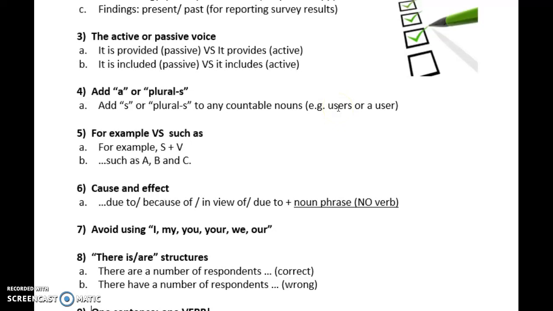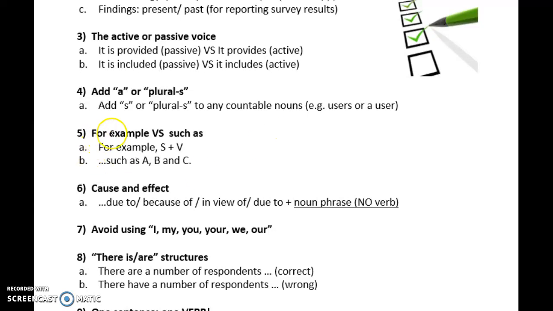It is never correct to say user wants to install something. You have to say users want to install something, or a user wants to install something. We never say user wants to do something.